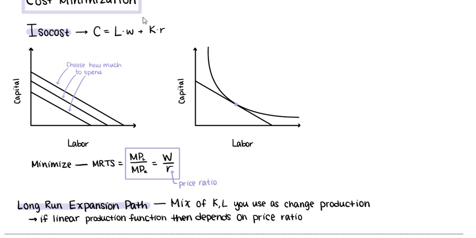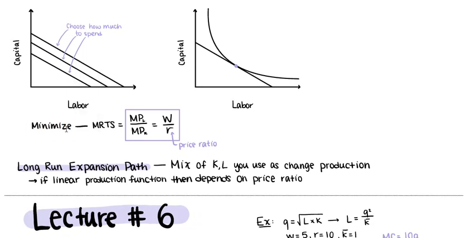It's a downward slope, and we minimize it. It's just like a price ratio. We have MRTS equals negative the marginal product of labor divided by the marginal product of capital, and it should equal the wage over the rental rate, just like a price ratio. They should be the same.